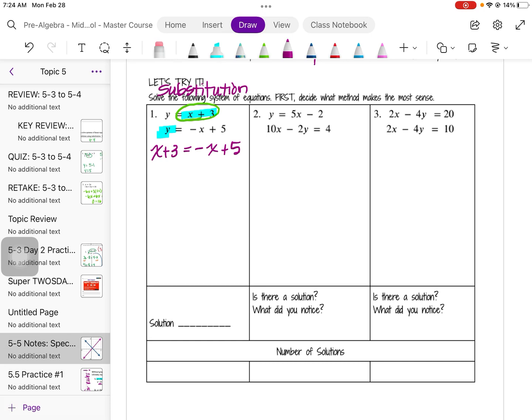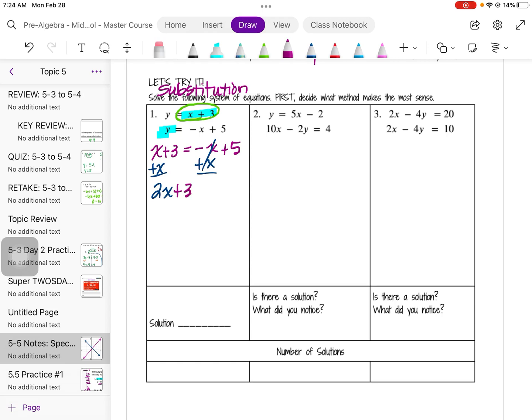Since this is an equation with variables on both sides, I want to use inverse operations to isolate the variable. So I'm going to get all of my x's on one side and all of my numbers on the other. I'm going to start by adding x to both sides. x plus x is 2x, and then everything else drops down.